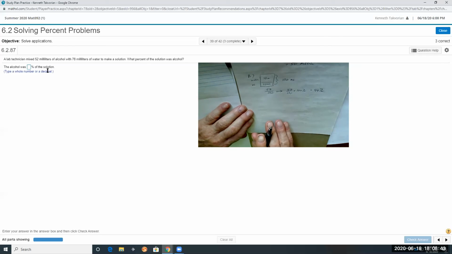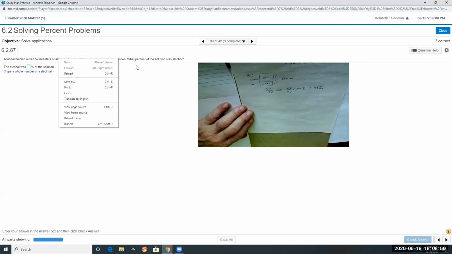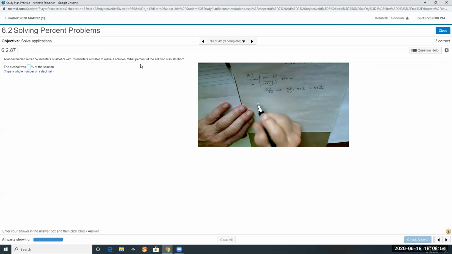Another way of doing it is to just definitely translate the problem. I'm going to go right to the question. What percent of the solution was or is alcohol? Okay, we're looking for the percent. Again, the solution is 130, and the part of the solution that is the alcohol is 52.